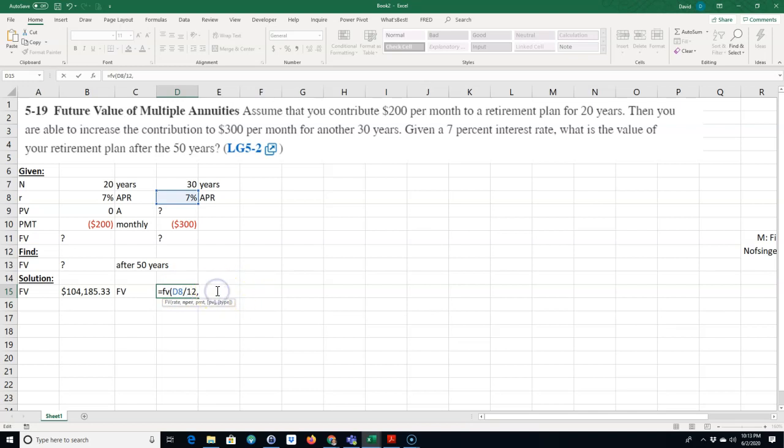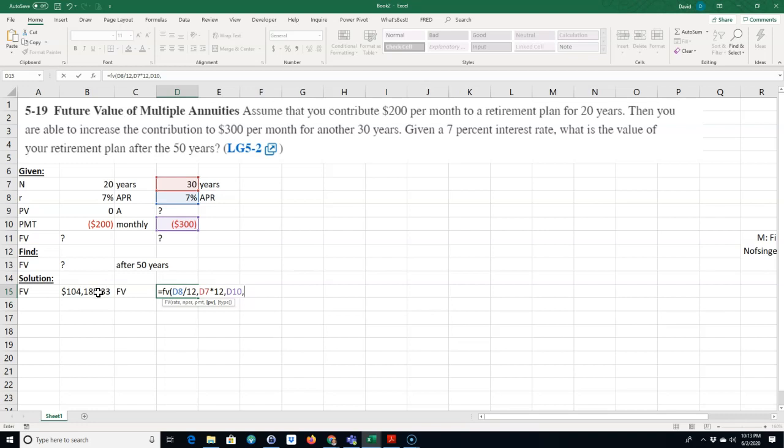The number of periods is, now we're going to do an additional 30 years, and that's going to be times 12. Really, I shouldn't be typing 30, right? I should be clicking on that. And then the payment now is $300 a month. And the present value, well, I have $104,000 in the bank. I could take it out right now and I'd have $104,185.33 in my pocket.